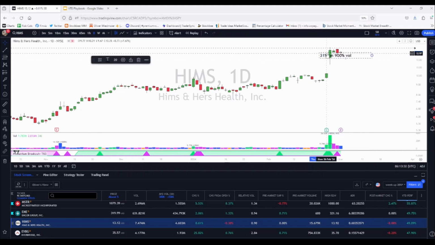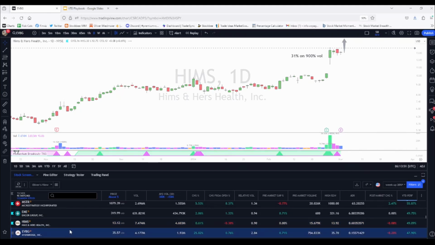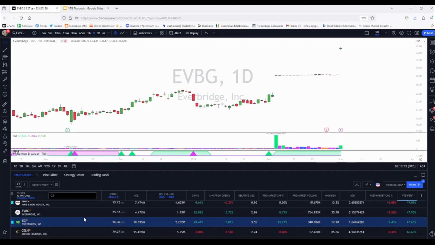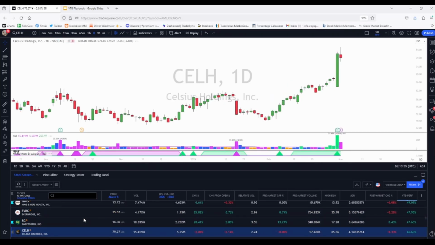You have a couple of days digestion. And then what we're going to look for is a valid breakout out of this range into this area here. That would be an entry. Boom. So we're going to mark it. Some sort of buyout. We have this on the list.